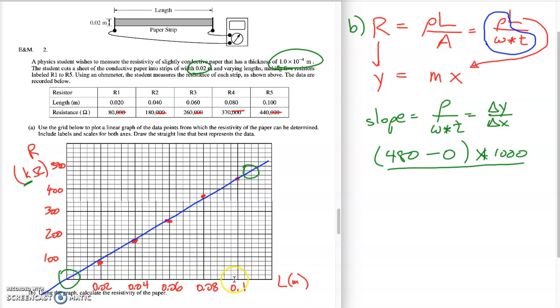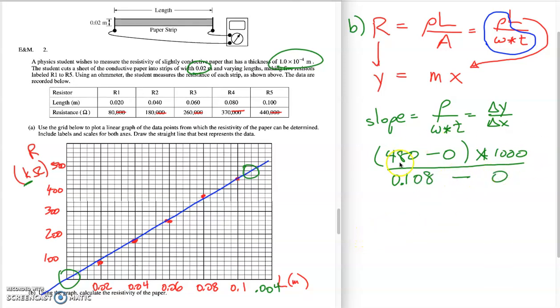92, 96, 1. Yeah, so each one is 0.004, which means that's 0.0104, 0.0108, and then also 0.